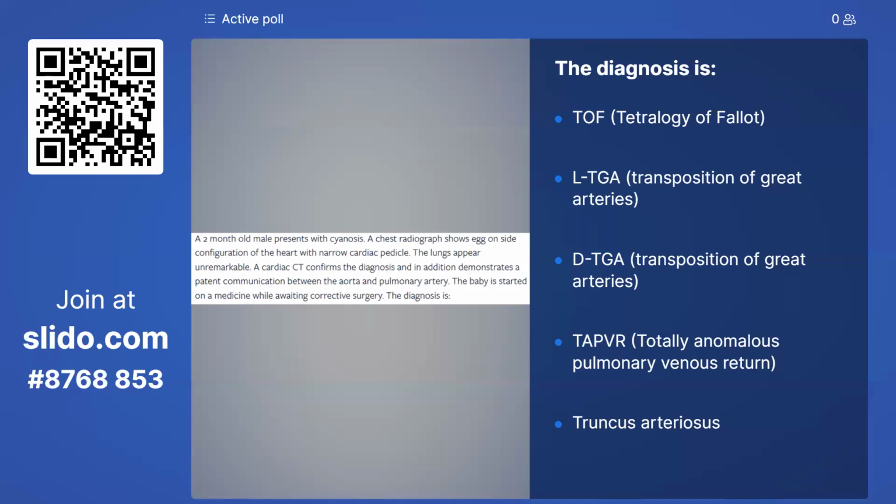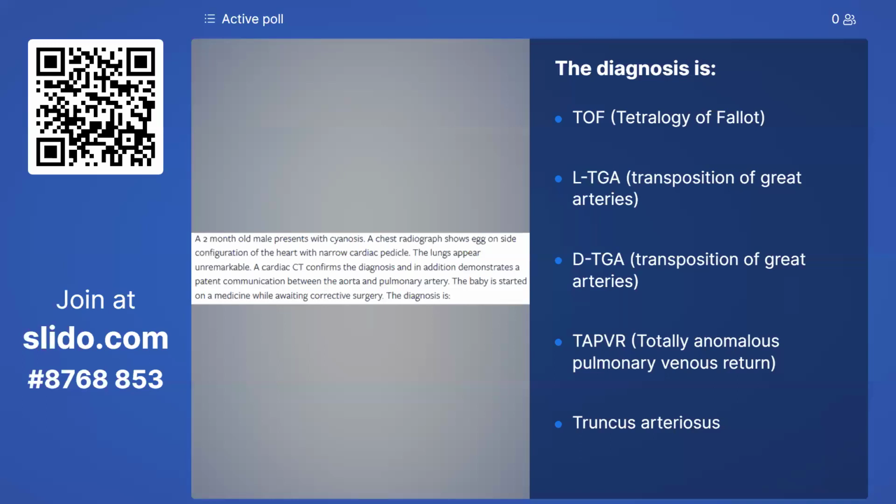If you have Slido open, it should be showing for you on your screen. So we have the candidate who is going to be on the hot seat for this question. I think I forgot. Would anyone like to take this case, or I'll just pick one of you?